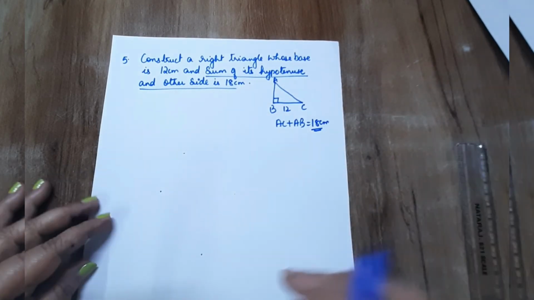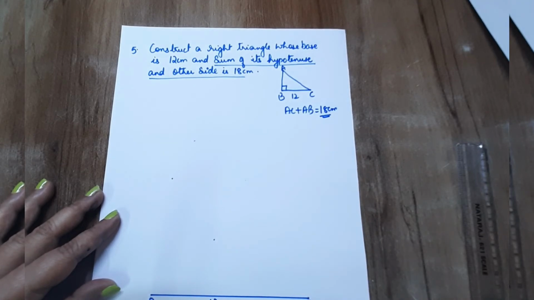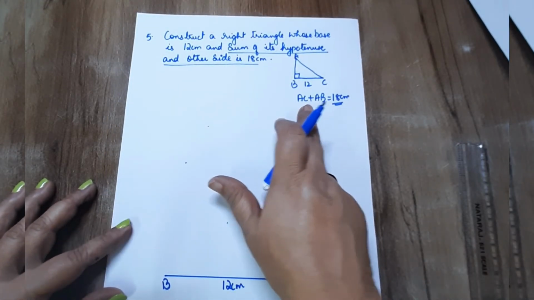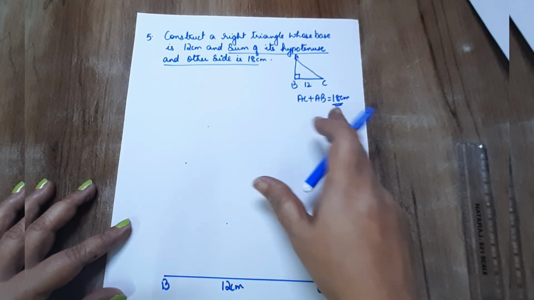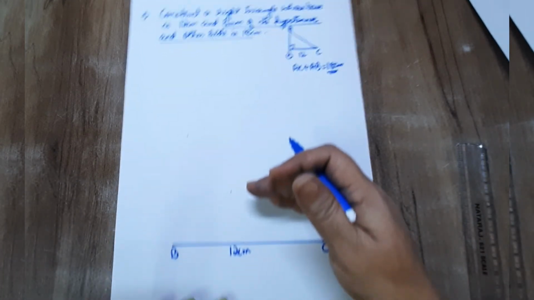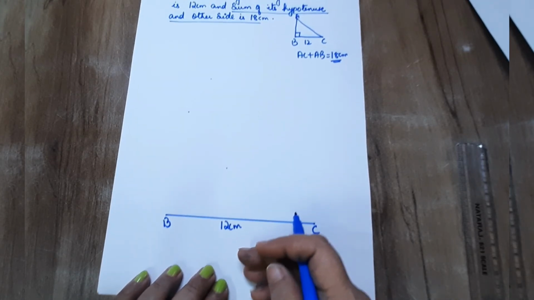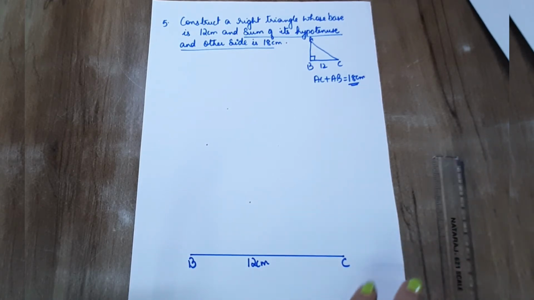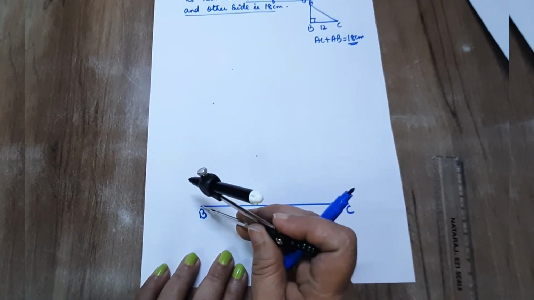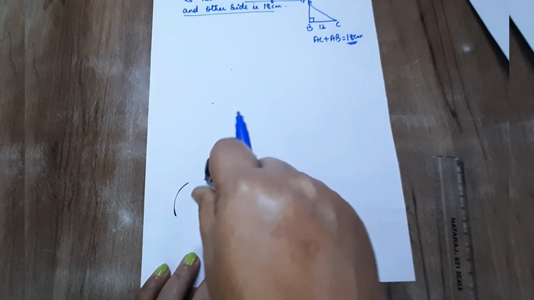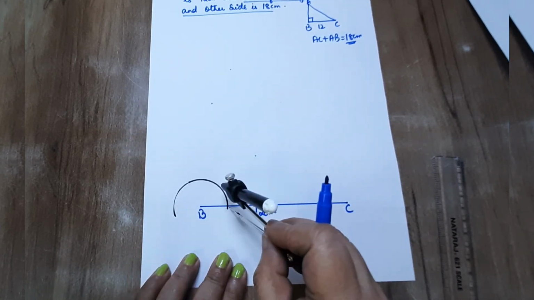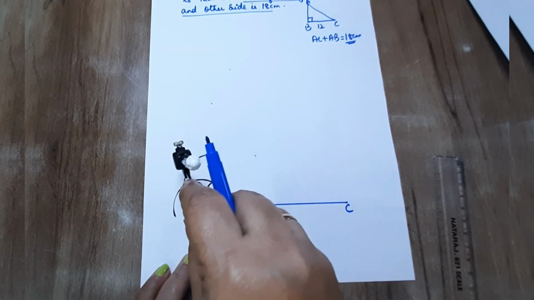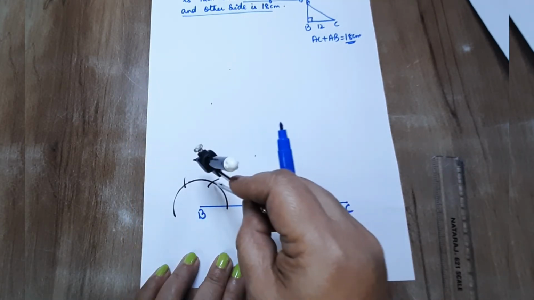So we have to construct it like the first sum. For 18, this being a big number, just draw your line at the base of the page so that 18 fits in the page. I will construct 90 degrees here because it is a right triangle. From here, first cut, and this.